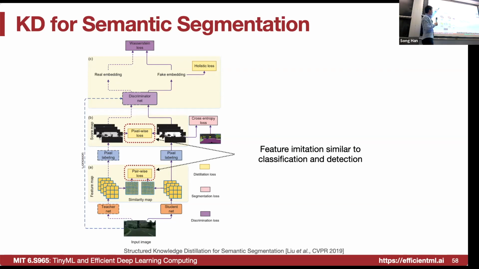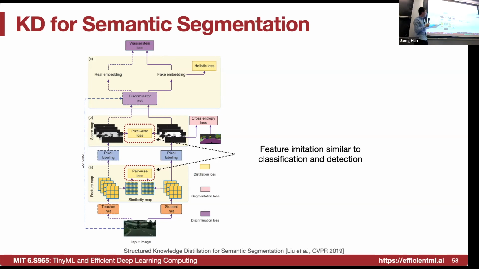Another important task is semantic segmentation, right? Given a picture, we want to segment which part is the drivable region, which part is the pedestrian walkway, which part is not drivable, trees and grasses.